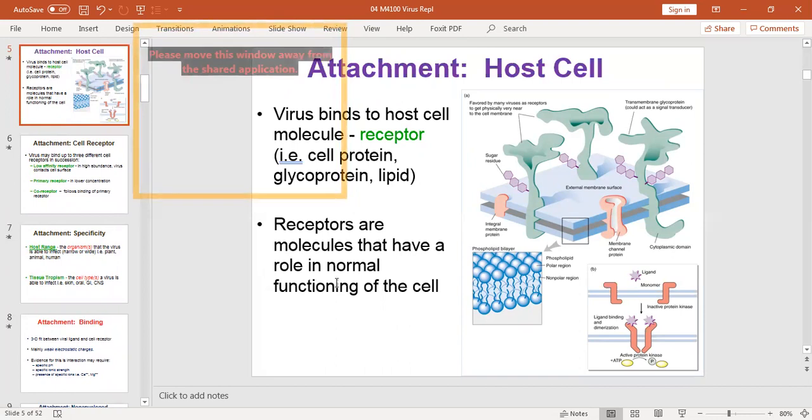Slide number 5, virus binds to a host cell molecule called a receptor. And a receptor is a host cell protein, or it can be a glycoprotein or a lipid.